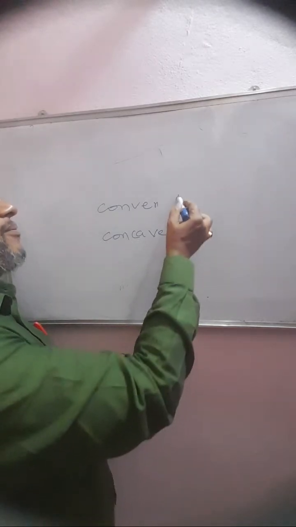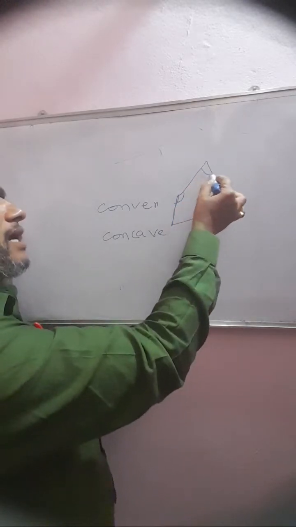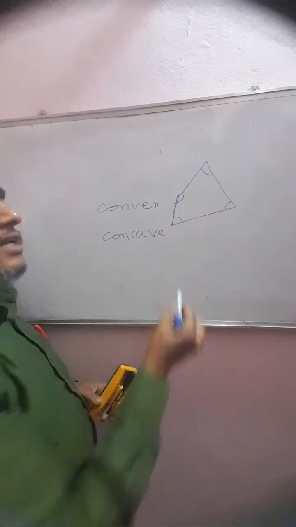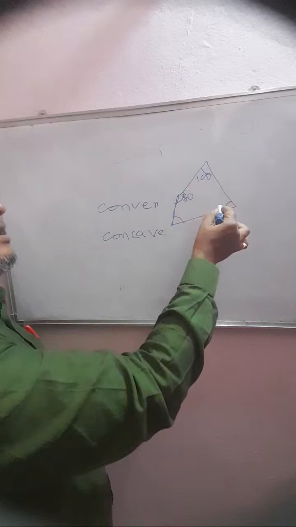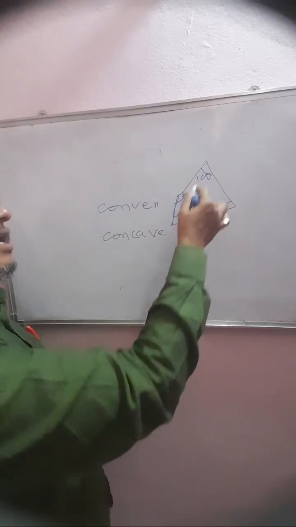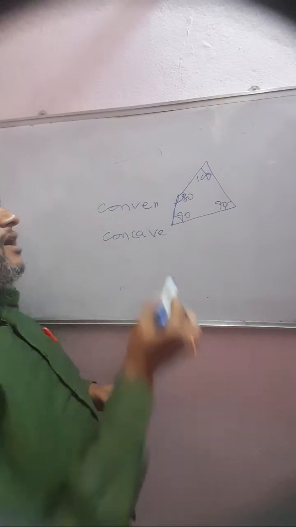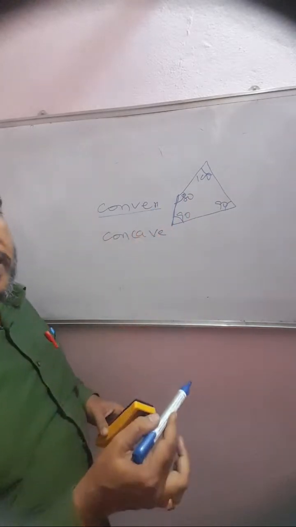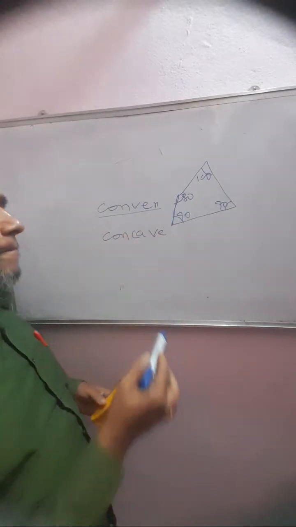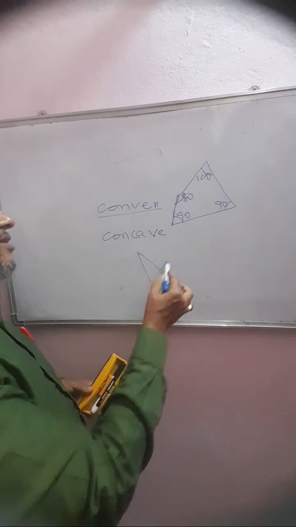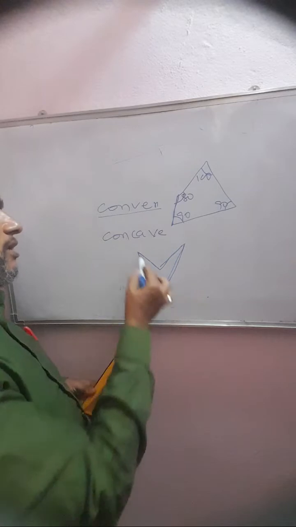Convex quadrilateral means that in a quadrilateral, if each angle is less than 180 degrees, it may be 80, 100, 90, 90, then that is called a convex quadrilateral. What is concave? These 2 words generally come in physics. See, this is also a quadrilateral.